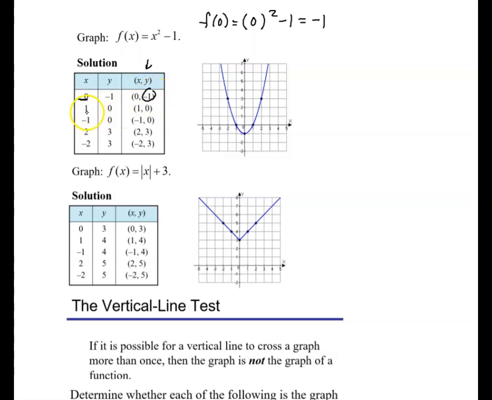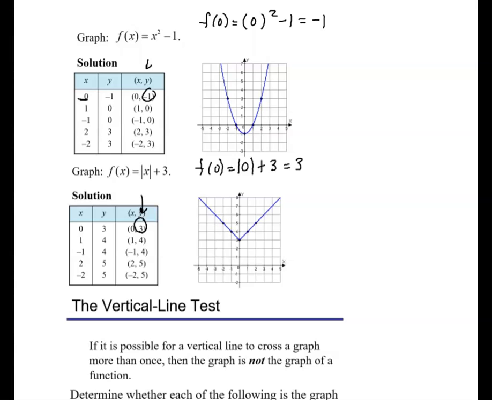If I plug in a 1 for my input, my output's going to be 0. Same thing down here. My input is 0. If I say f of 0, I'm going to get the absolute value of 0 plus 3, which is 3. It's how they came up with their output right here. And then they plotted their points.